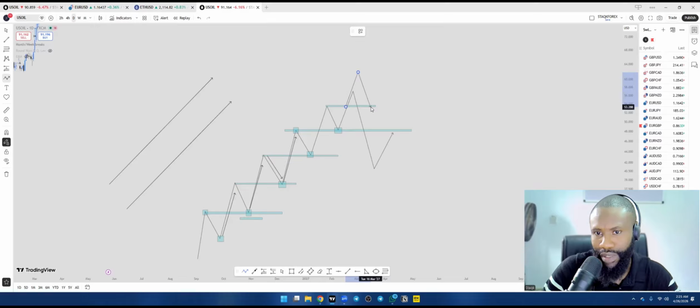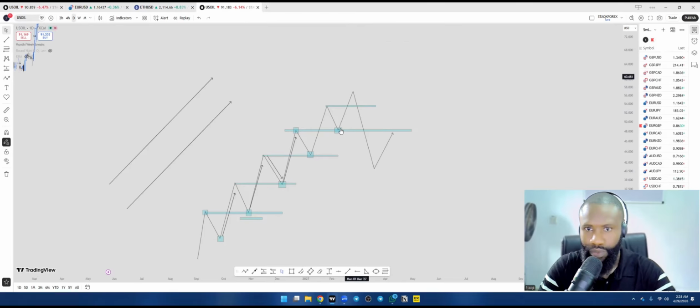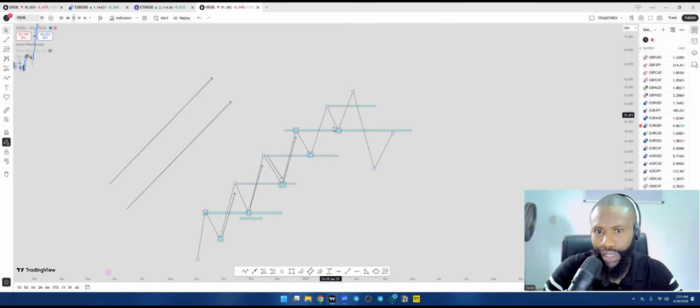Are you getting me? Sometimes price does not do that. Once you experience something like this, remember this is the recent low that was created before the push to the upside. So now price is retracing. Are you getting me? Price is retracing to come into this recent high that was created before buying.